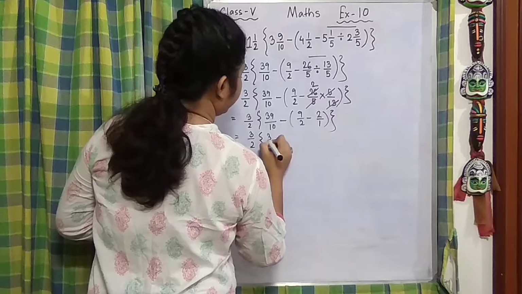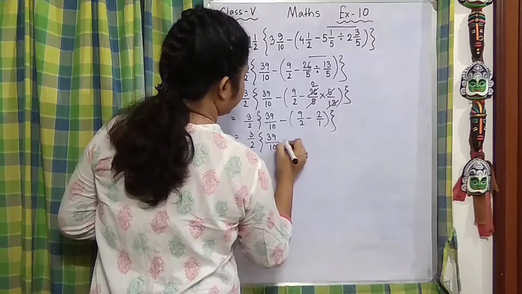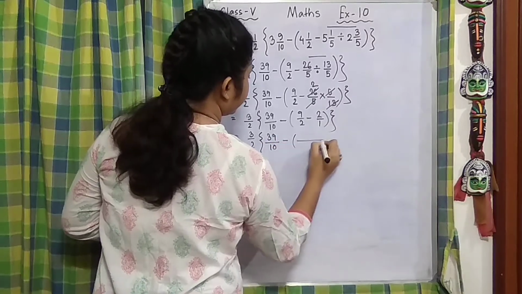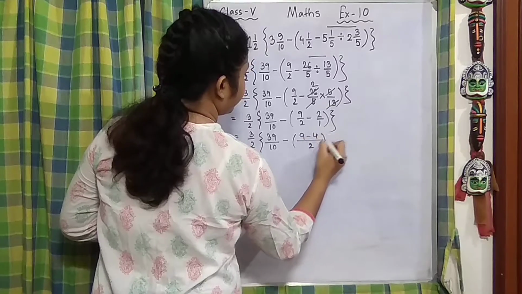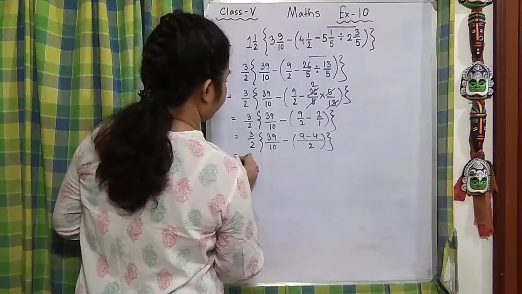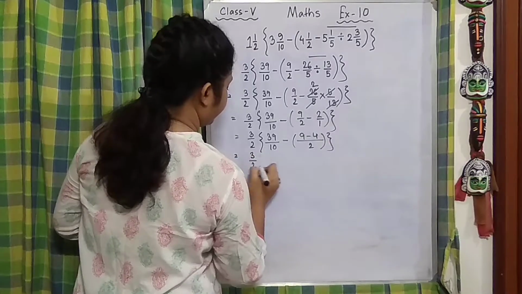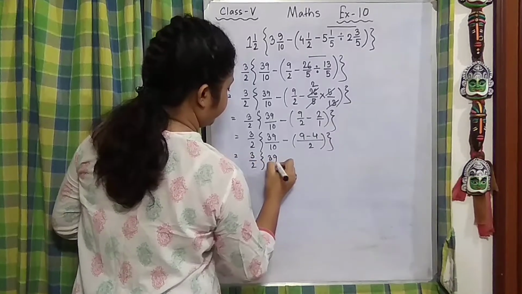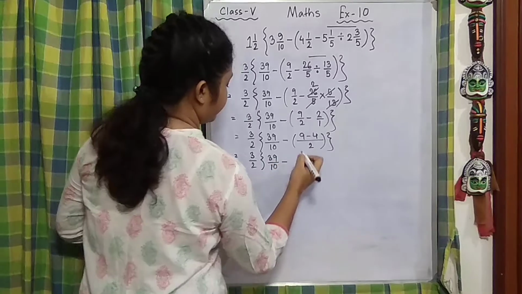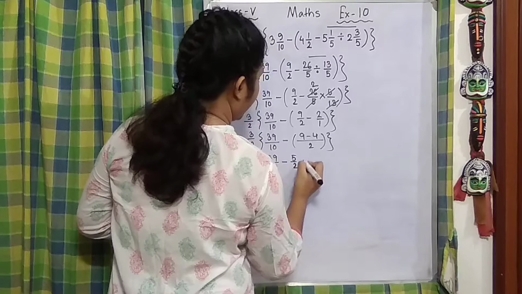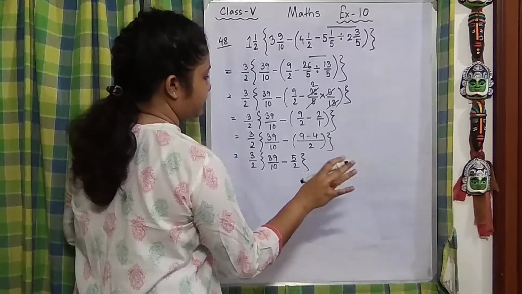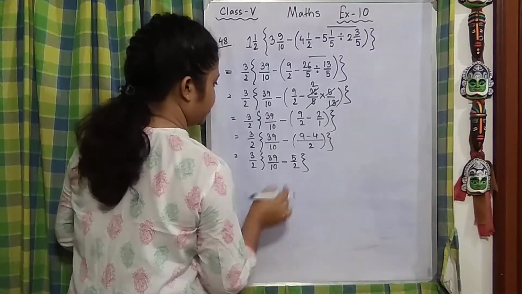Now let's solve it. So after we have taken out the first bracket, we are getting 5 by 2.